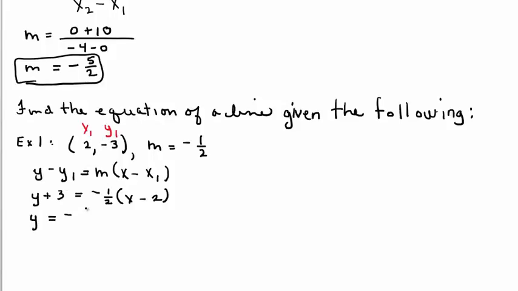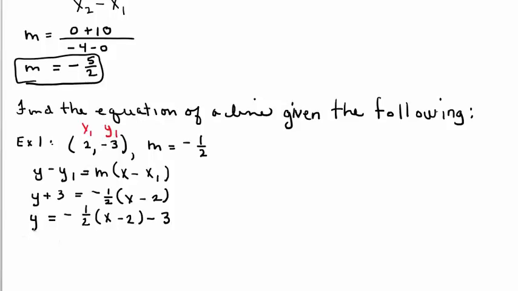I don't feel that it's necessary to distribute the -1/2. In your upper level math classes, that's really not an objective to be able to do that algebra, although it's good practice.